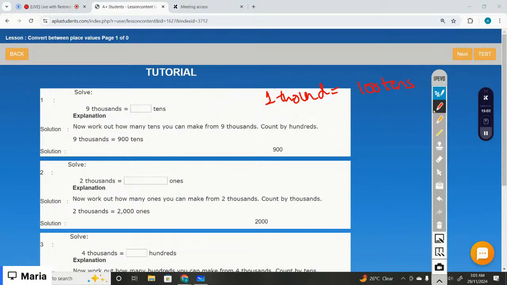The next one is 2,000s. 2,000s equal how many ones?